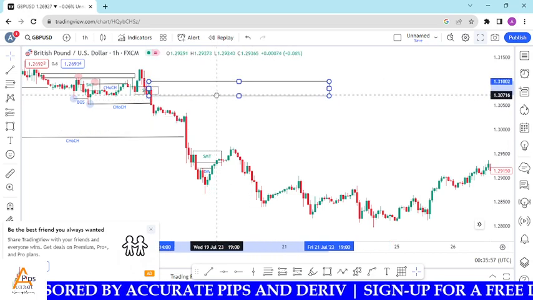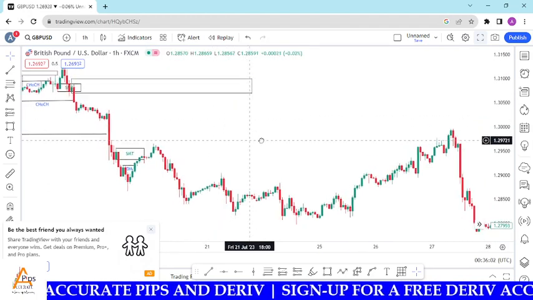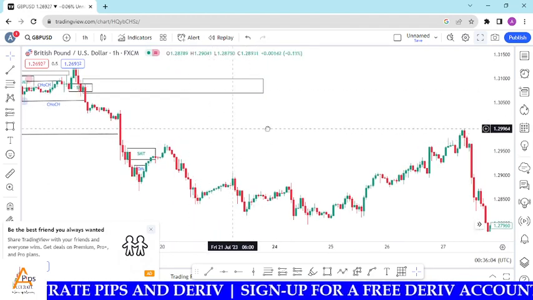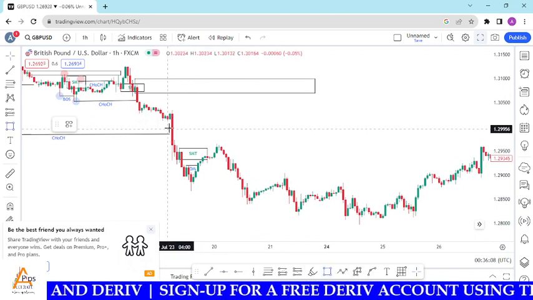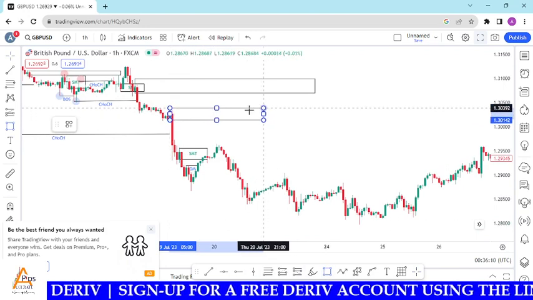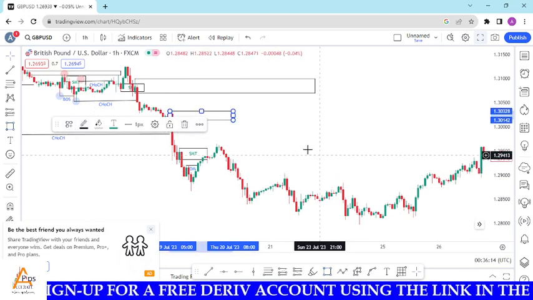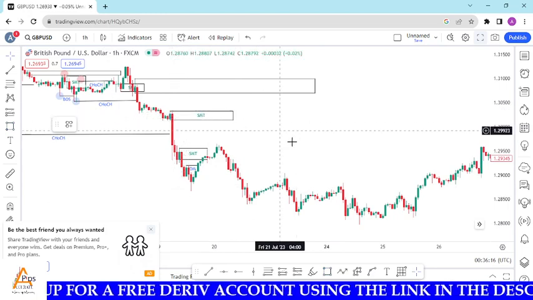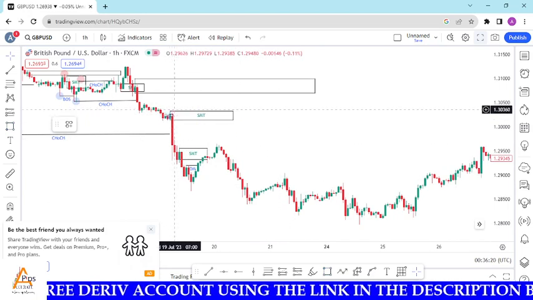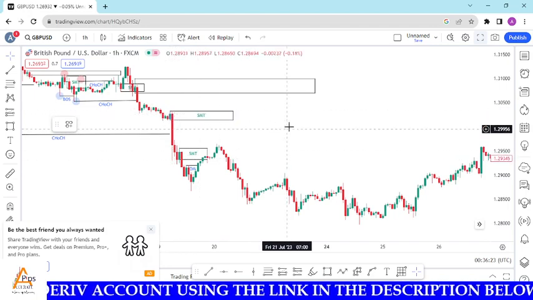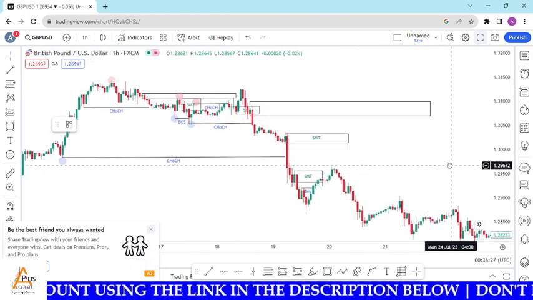That is a valid OB, but unfortunately price didn't return to this zone as of now. This area here also is an SMT, because these guys will be looking to buy from there, but as you know, that is not a valid OB, because this green candle's high was taken by the red candle there. And this continues like that.